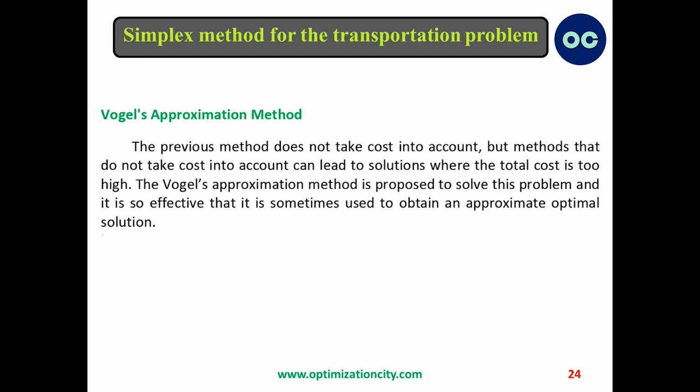In step 4, allocate as many units as possible using the variable, considering supply and demand constraints. And in step 5, we repeat steps 1 to 4 until all supply and demand are satisfied. By applying the Vogel approximation method, we can obtain an initial basic solution for the given problem while considering the cost.